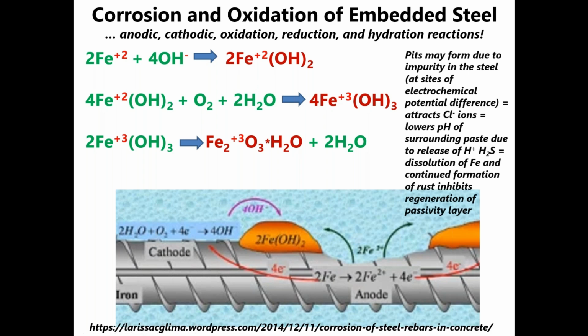And it just goes from there. And as each one of those iron hydroxide minerals is produced, that's the rust that we see. Okay, that's the orange brown rust that we see.